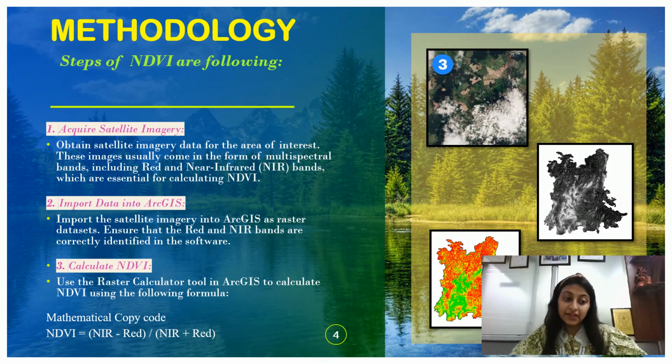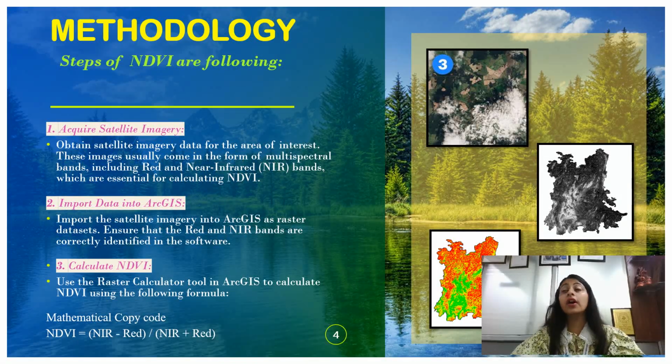And the second step is to import the data into ArcGIS. After collecting the data from USGS Earth Explorer, we go to our next step, which is importing the data in ArcGIS. We ensure the red and near infrared bands are correctly identified in the ArcGIS software. After that, we have to calculate the NDVI.